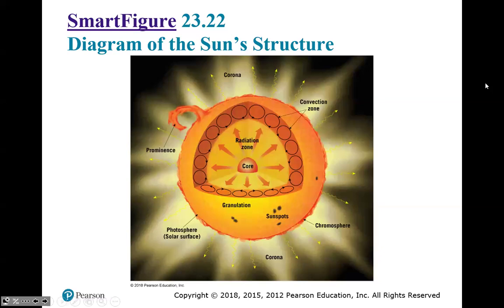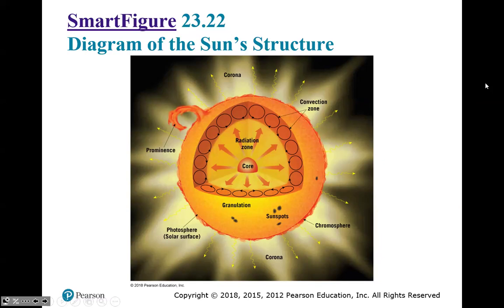So the structure of the sun, there's several layers. The center of the sun is the core. This is the hottest, densest portion of the sun. This is where nuclear fusion occurs and is what actually powers the sun and generates the energy that the sun emits. Above that is a layer called the radiation zone.